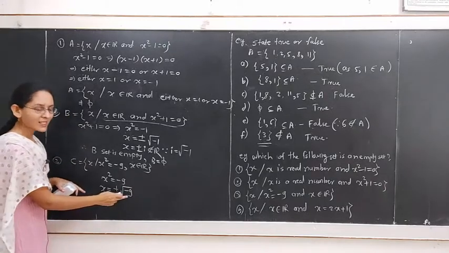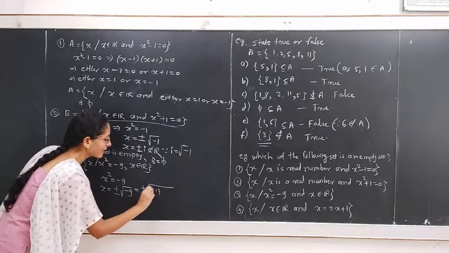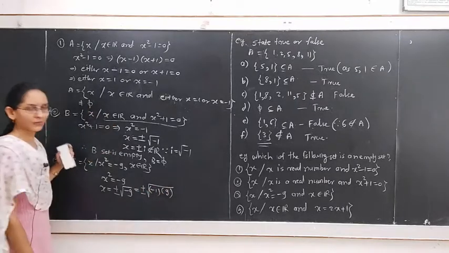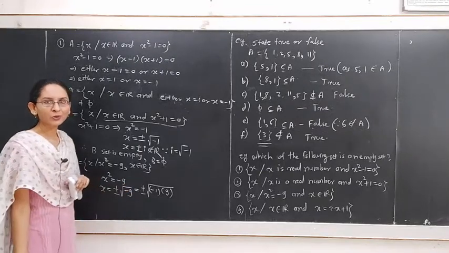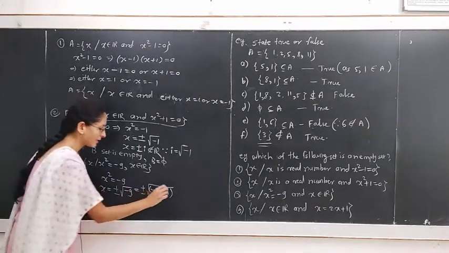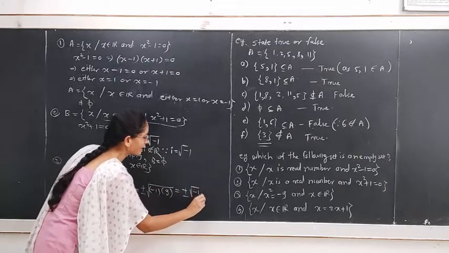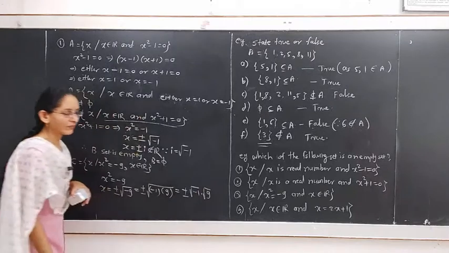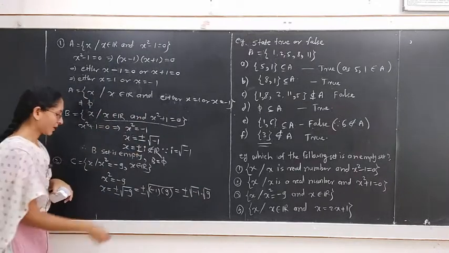The square root of minus 9 is written as plus or minus square root of minus 1 into 9. Now square root of a into b is equal to root a into root b. This is equal to plus or minus square root of minus 1 into square root of 9.